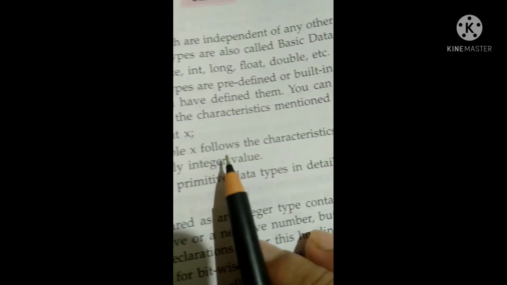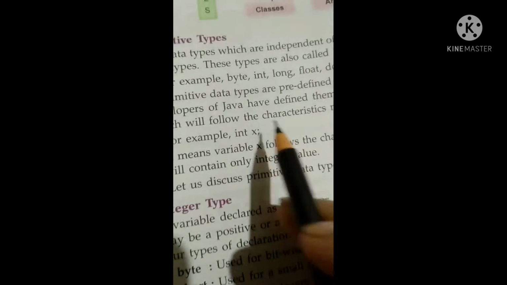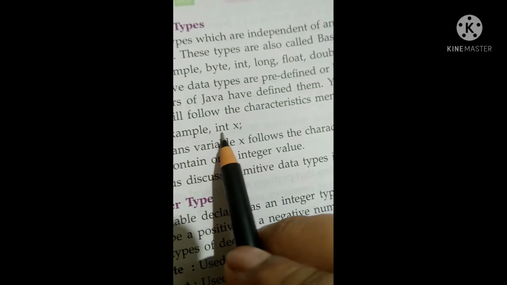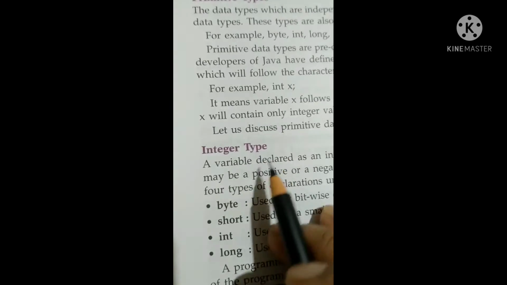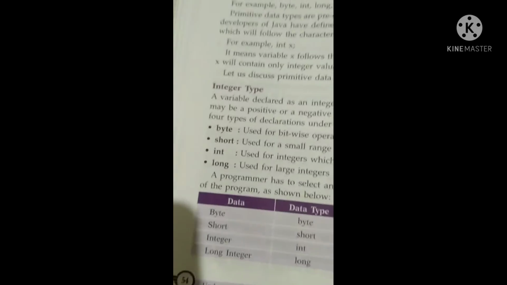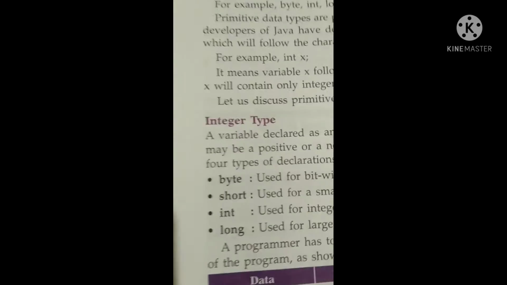That's why we declare these things, to store the value in the computer memory. It means variable x follows the characteristics of the int type. Okay, x variable, what kind of variable is this? Int type, integer type variable. You know this very well. More explanation about this is given here, which I am explaining to you.